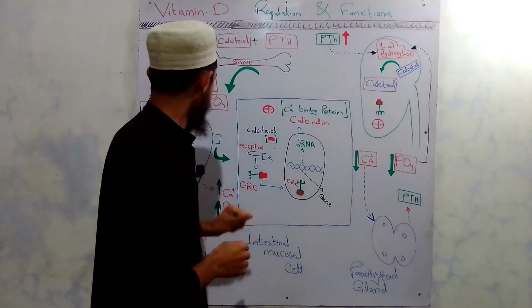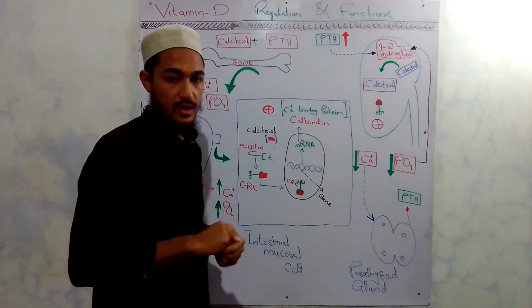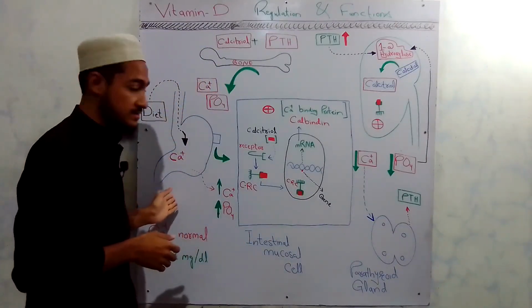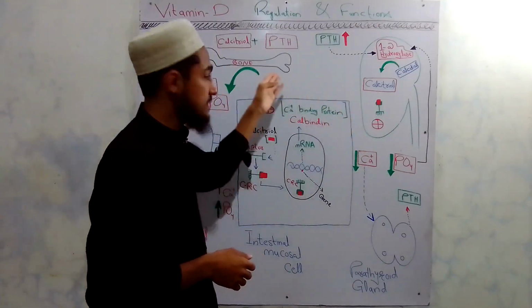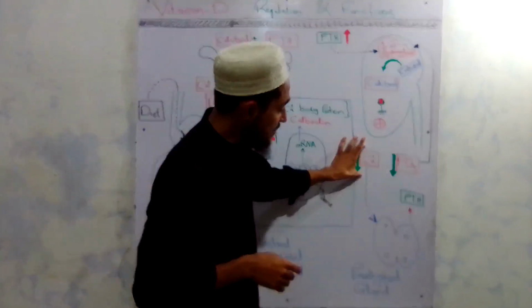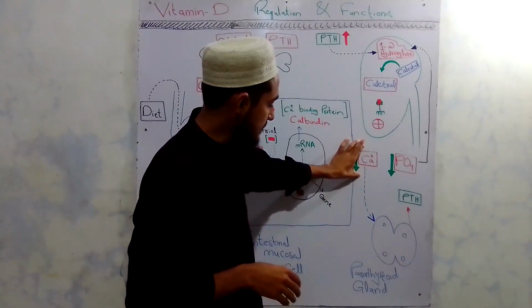How does it work? There are three main organs in our body in which this phenomenon occurs. The first organ is our GI system, the second one is our kidneys, and the third one is our bone. When the calcium level goes down, we will discuss it later on.